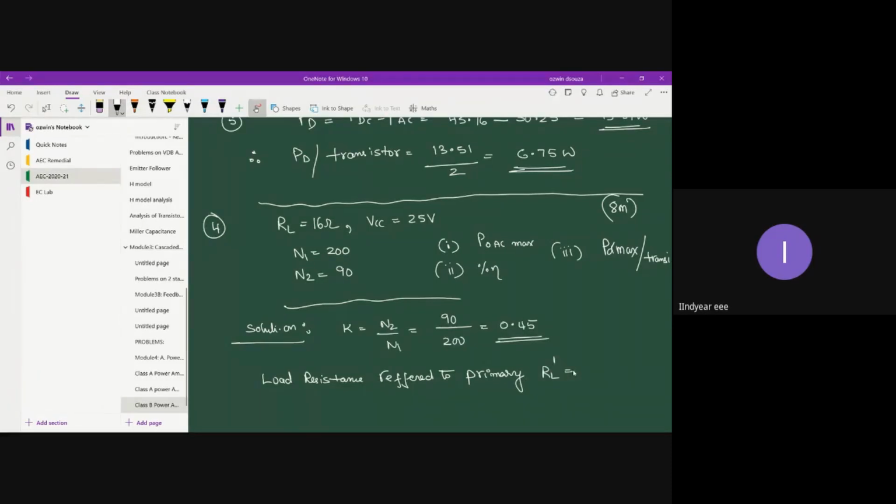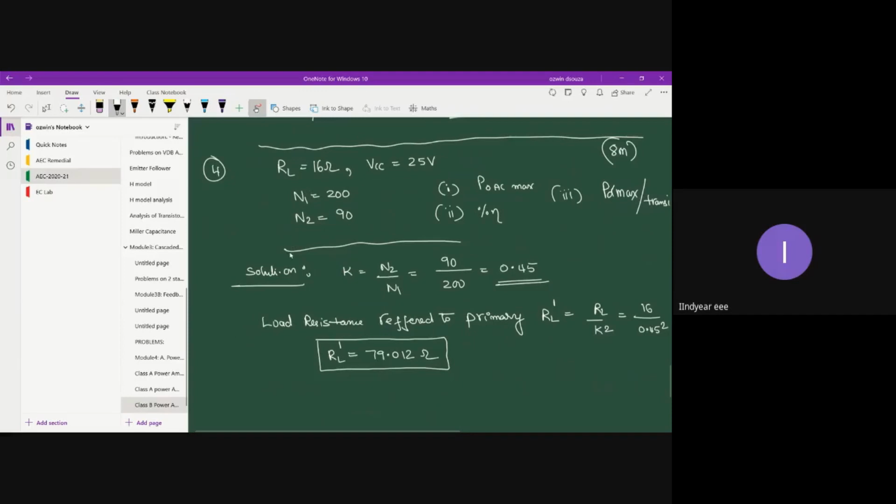Let's take it as RL dash. So RL dash is nothing but RL by K square. Okay, so that's 16 divided by 0.45 square. So RL dash, you will get it as 79.012 ohm.